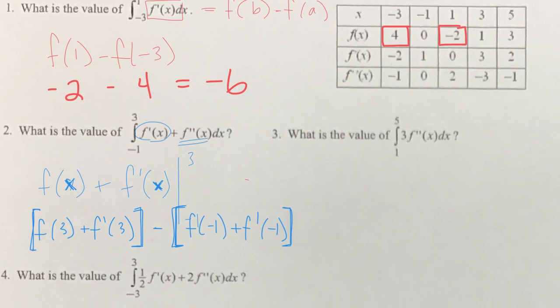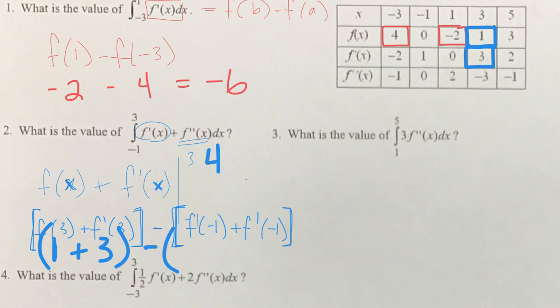So f of 3 is positive 1. F prime at 3 is positive 3. So that's 1 plus 3, which is 4. Sorry, I'm writing all over the place. 4 is evaluating at positive 3, minus f of negative 1.